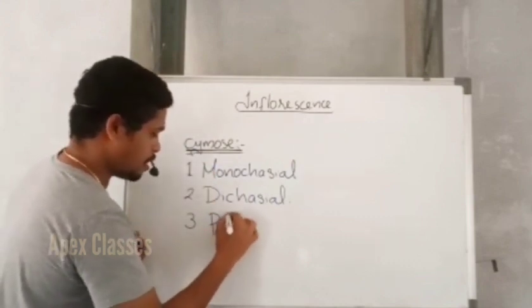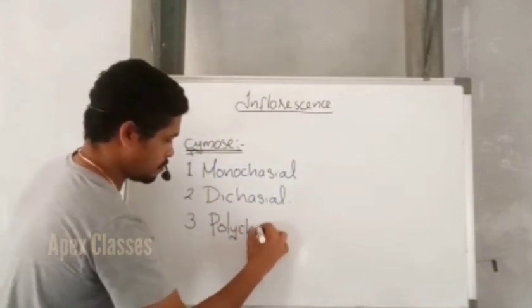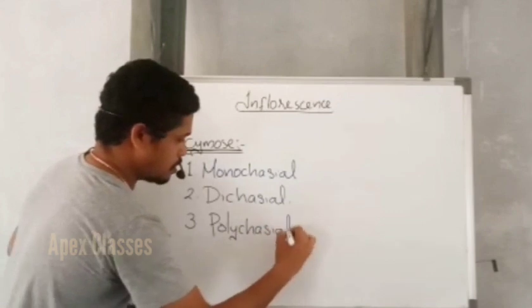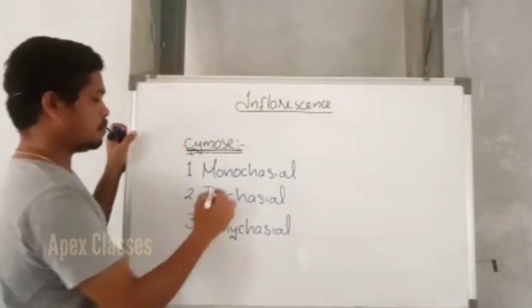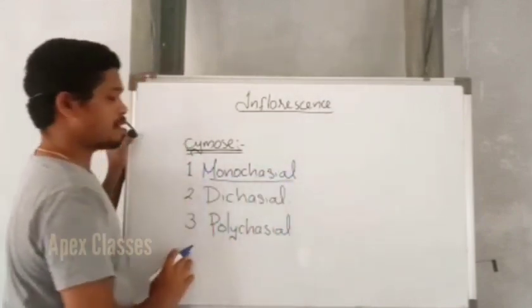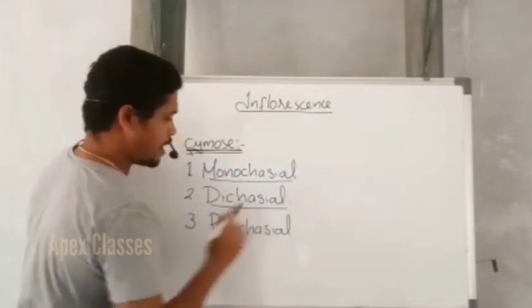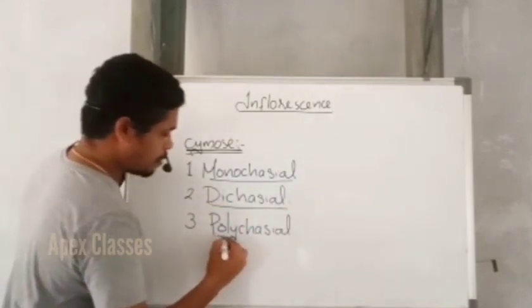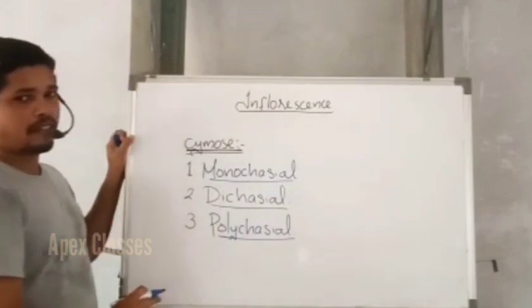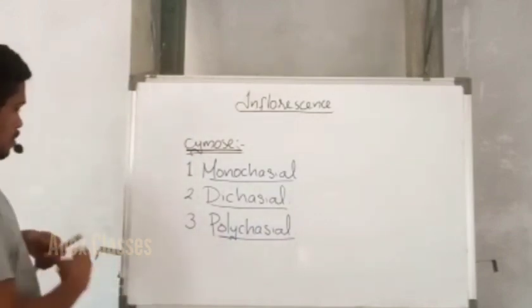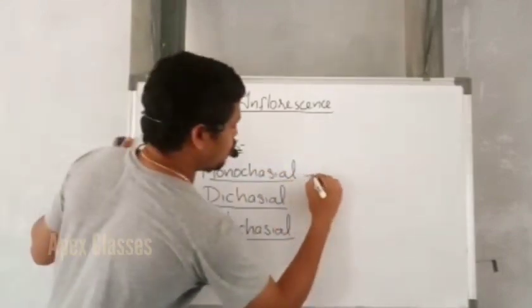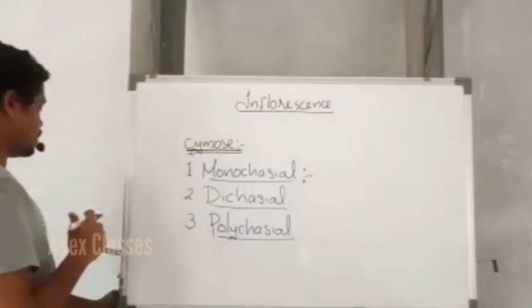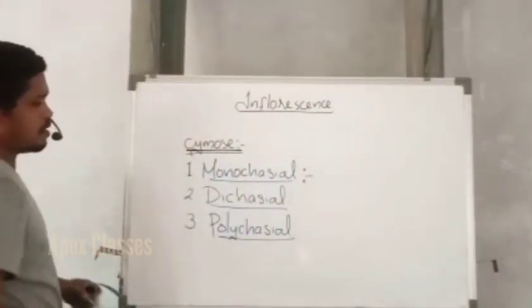The first one is monochasial cyme, the second type is dichasial cyme, and the third type is polychasial cyme. The first type is monochasial cyme.